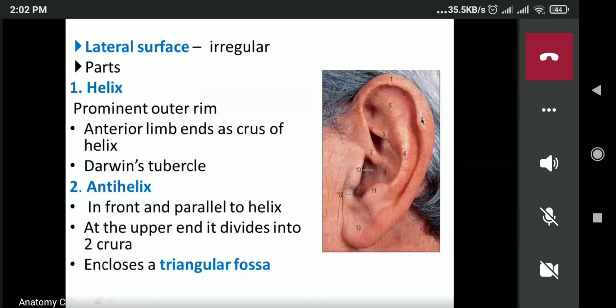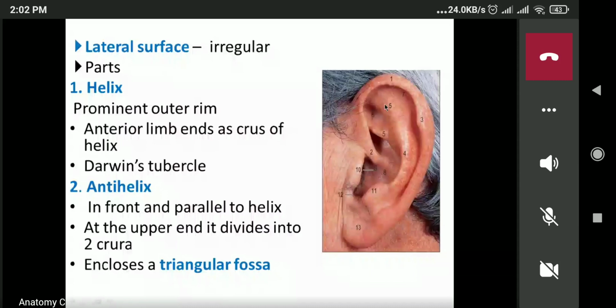Now in front of the helix, in front and parallel to the helix, there is another rim, which is known as the antihelix. So this is the antihelix. If you trace the antihelix superiorly, it divides into two limbs, or two crura.